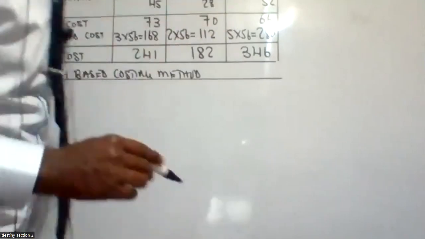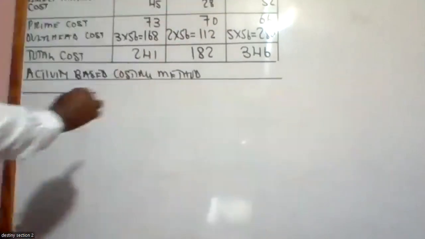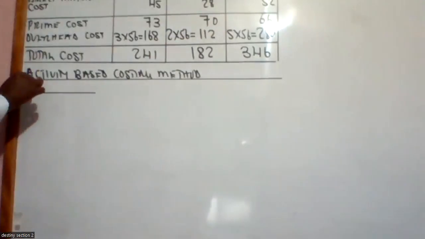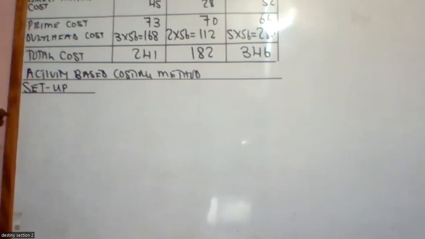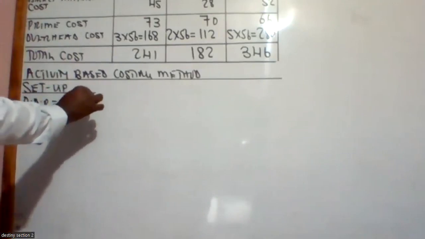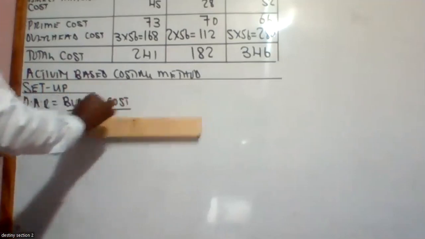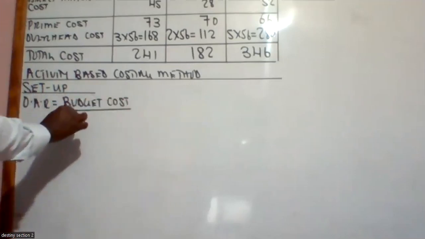So let's look at setup costs. So the setup, the OAR will be budget costs. You divide by budget setups.